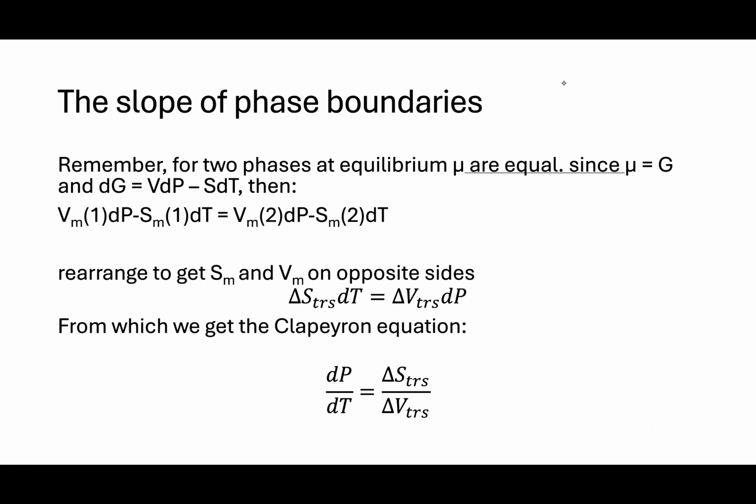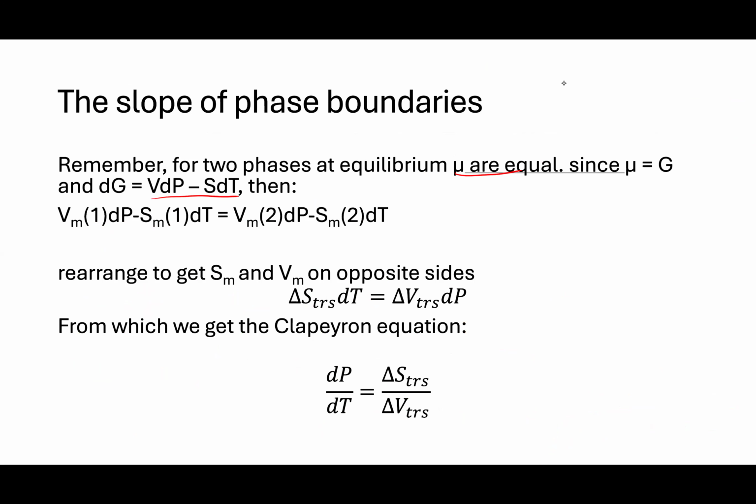Now, if we're looking at our phase boundaries between two different phases, they have to have equal chemical potentials at equilibrium. Mu is equal to G, and dG is equal to V dP minus S dT. Then we can set these two equations equal to each other, with phase one on the left and phase two on the right.